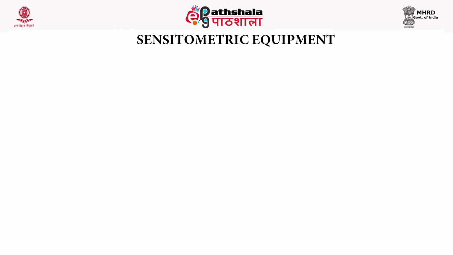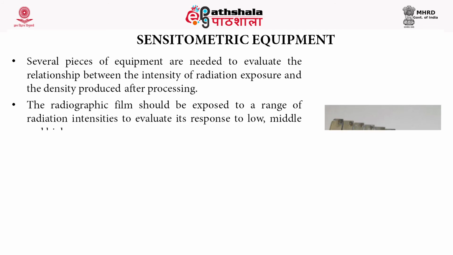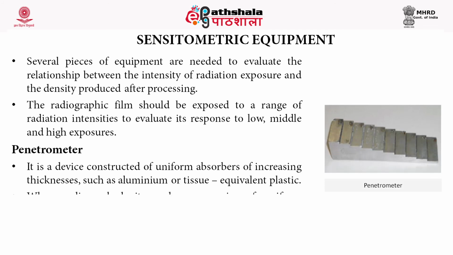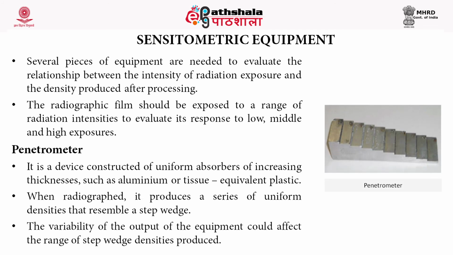So, there are different sensitometric equipments. These are the pieces of equipment that are needed to evaluate the relationship between the intensity of radiation exposure and the density produced after processing. The radiographic film should be exposed to a range of radiation intensities to evaluate its response to low, middle and high exposures. One such equipment is a penetrometer.